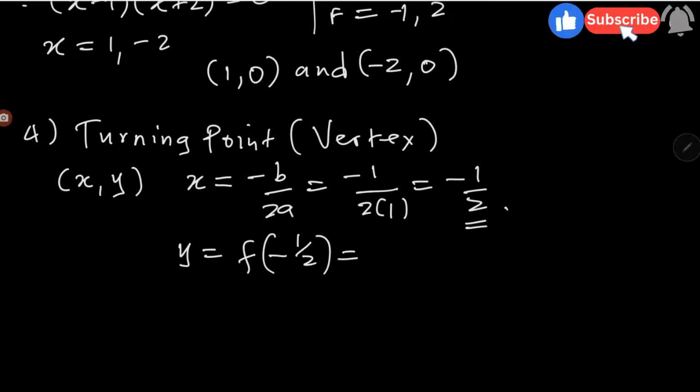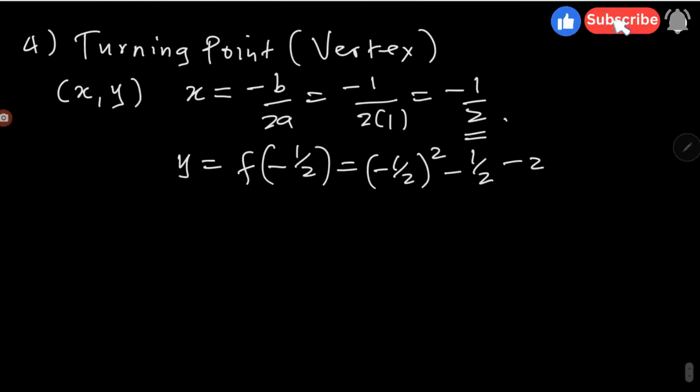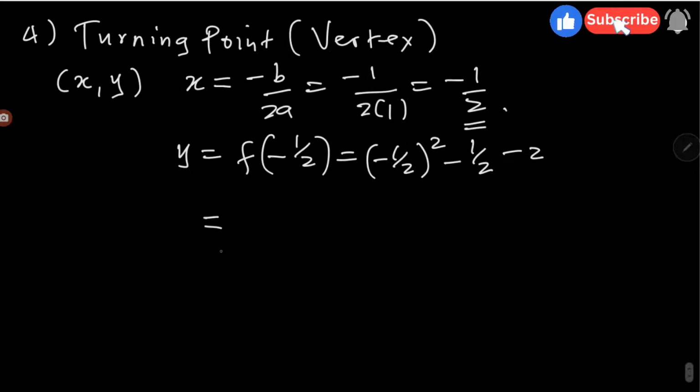We have minus 1 over 2 squared, then we're adding x, but x is negative, so we have minus 1 over 2, and then minus 2. If we square this, we'll have 1 over 4, since negative 1 squared is positive. Then we have minus half minus 2, so we have 1 over 4 minus 1 half minus 2.